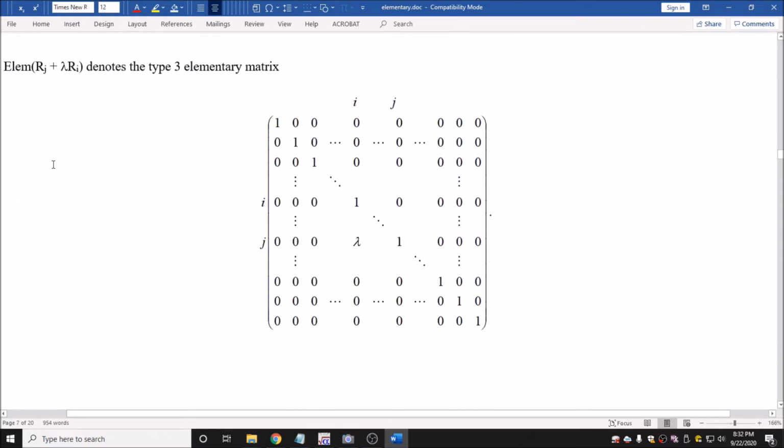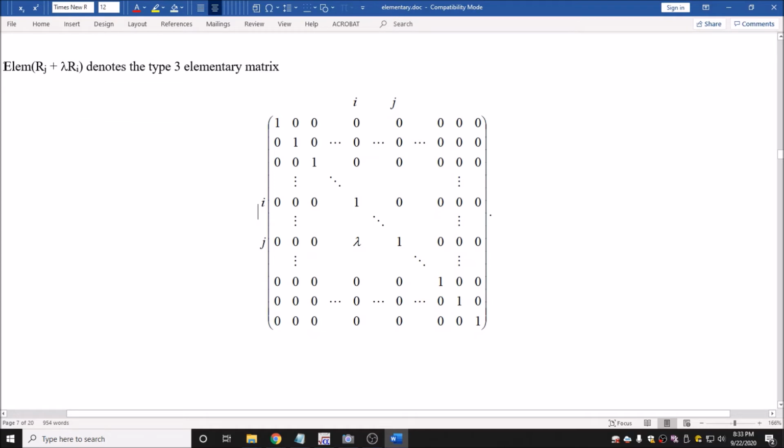Finally, the type 3 elementary matrix where lambda times the ith row of A is added to the jth row of A, where lambda is different than 0, is denoted by E(Rj plus lambda Ri).